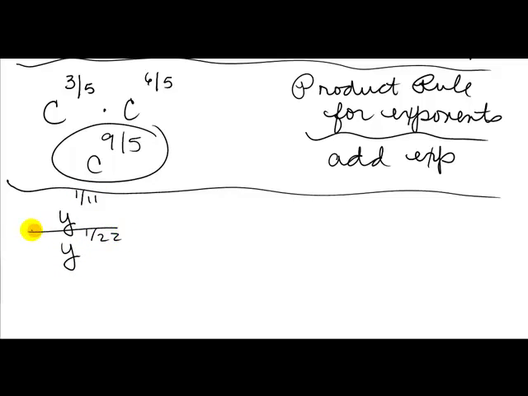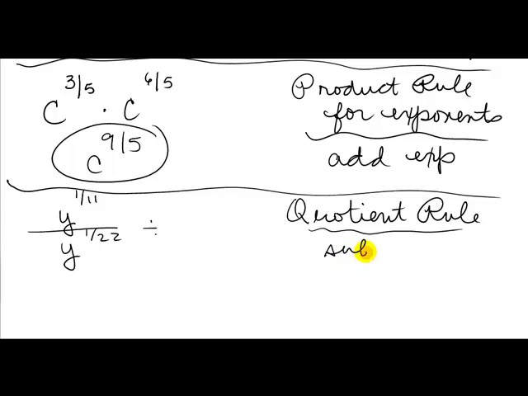Now we have division. This line is your division line, and that is the quotient rule for exponents, which tells me to subtract the exponents. So that means I'm going to have 1/11 minus 1/22. I'm subtracting, so I need a common denominator. 11 will go into 22, so we will use 22 for both of these.